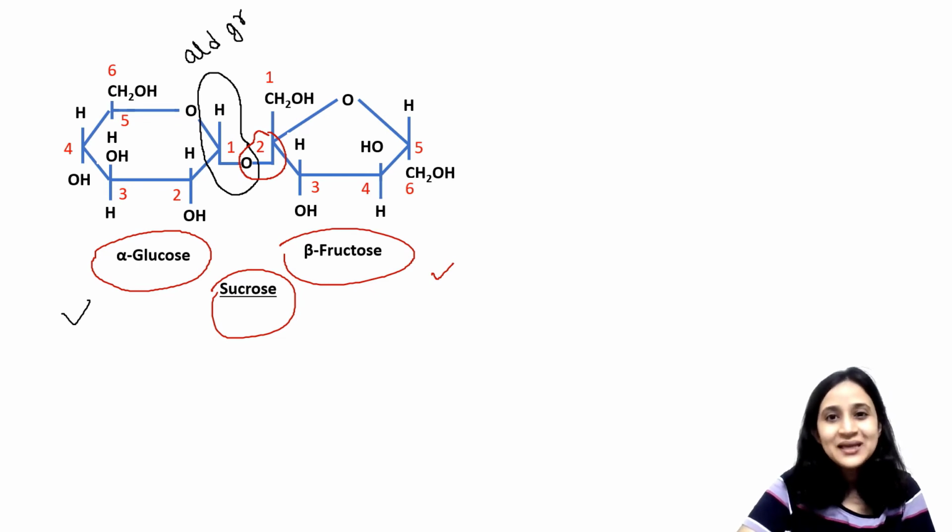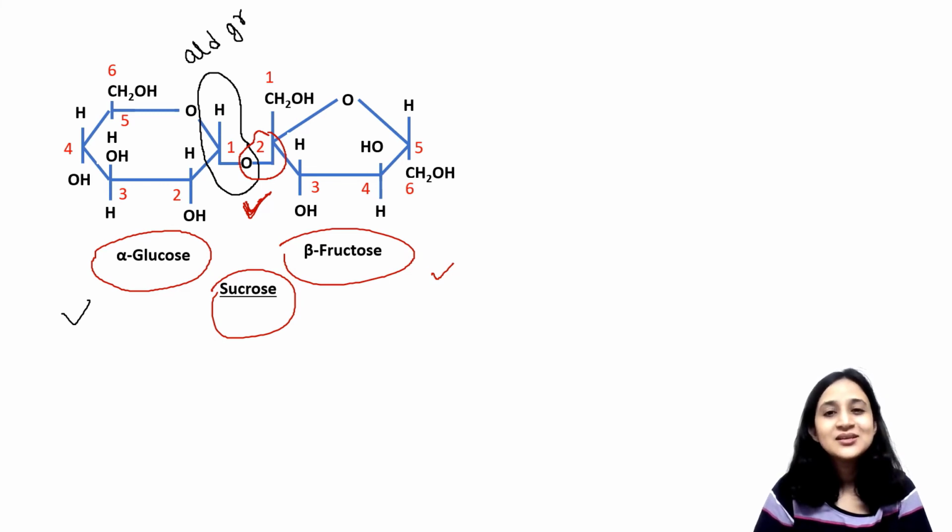They participate in formation of this bond. That bond joins these two monosaccharides. So, the aldehyde group of alpha glucose and keto group of beta fructose will never be free. Therefore, they are non-reducing sugar.